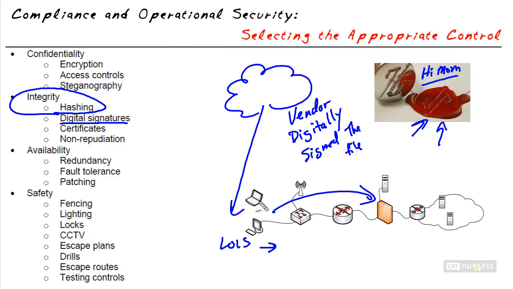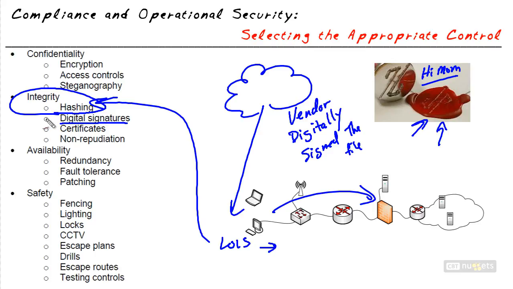So effectively what that means is when Lois downloads it, she then looks at that digital signature, verifies whether or not it really is the signature of the vendor, and if it is, that's another way of verifying data integrity, because the file was signed by the vendor.